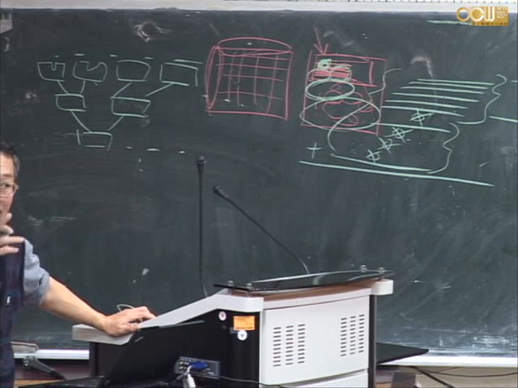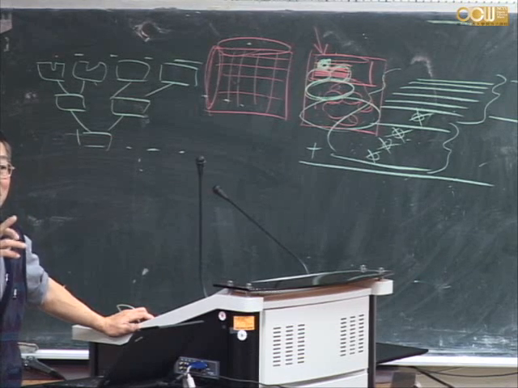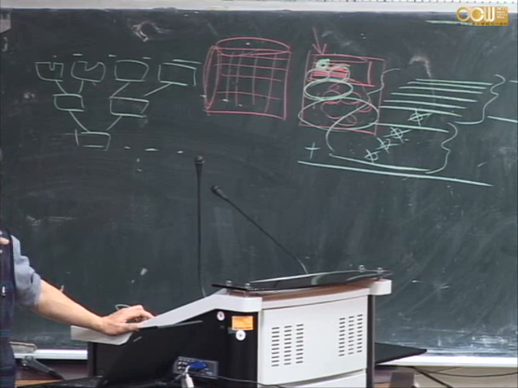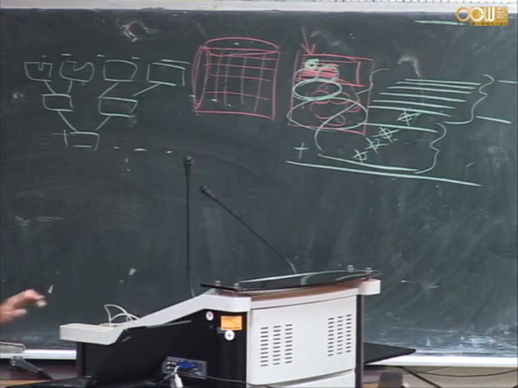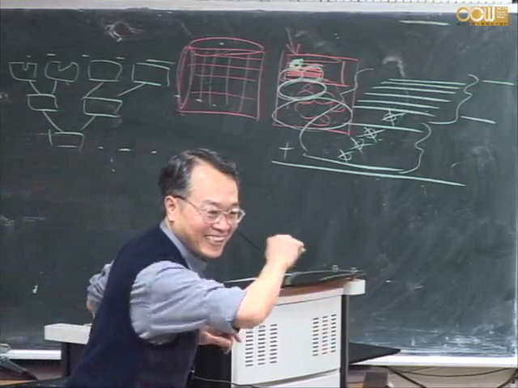Okay, modified Booth algorithm. Remember, if you want me to refresh your memory, I can do that. You want me to? Okay, somebody says no, then you must understand it.